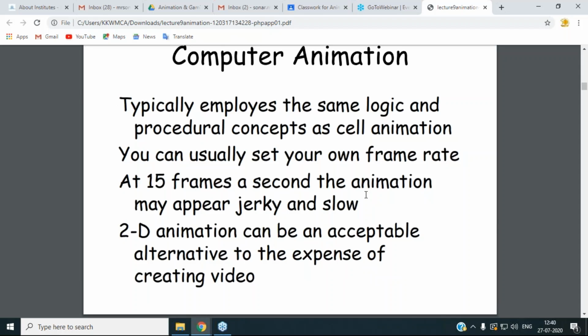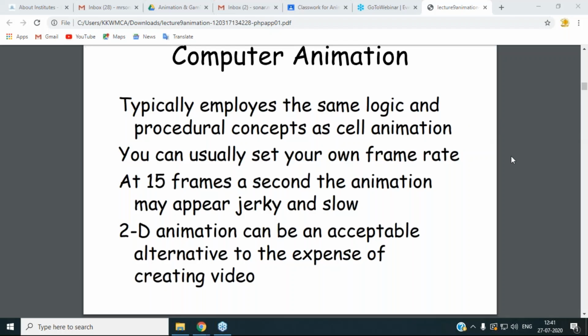After that, comes computer animation. Computer animation typically employs the same logic and procedural concepts as cell animation.